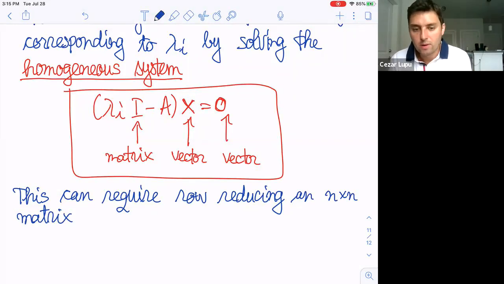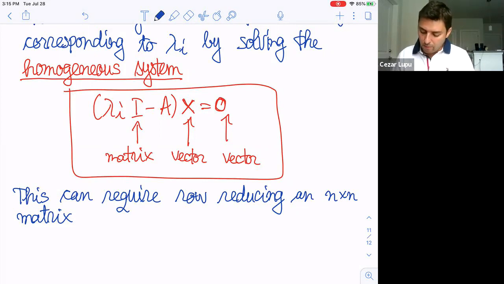Even by now, I've seen based on your exams that you don't have any problems with row reducing matrices. But if you still have problems with this, I would suggest you go back to old videos where we used row reduction, or row echelon form, reduced row echelon form many times. I suspect in almost every lecture.